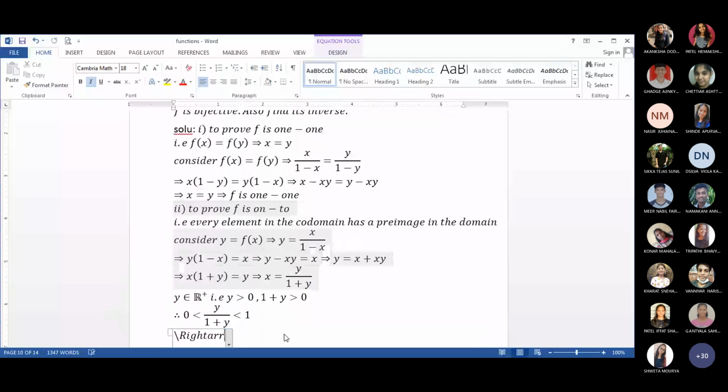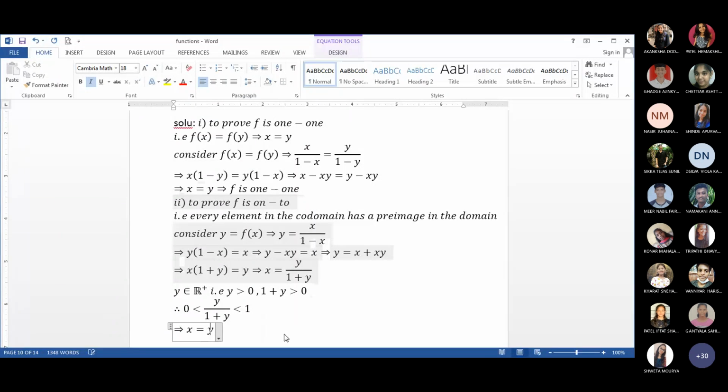And this implies that my x, which is given as y upon 1 plus y, belongs to the open interval 0 1. That is nothing but the domain.